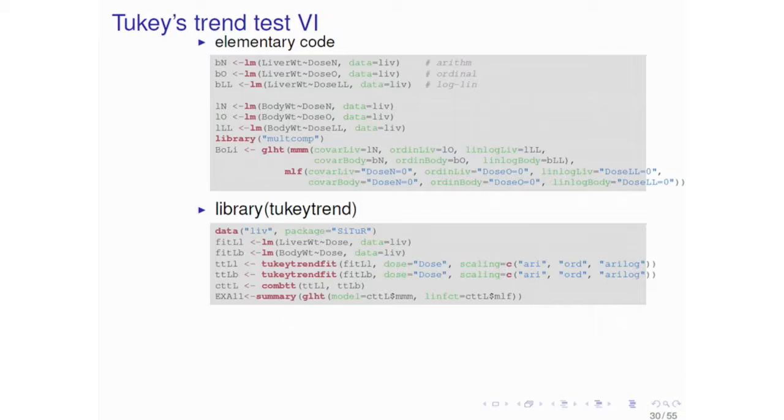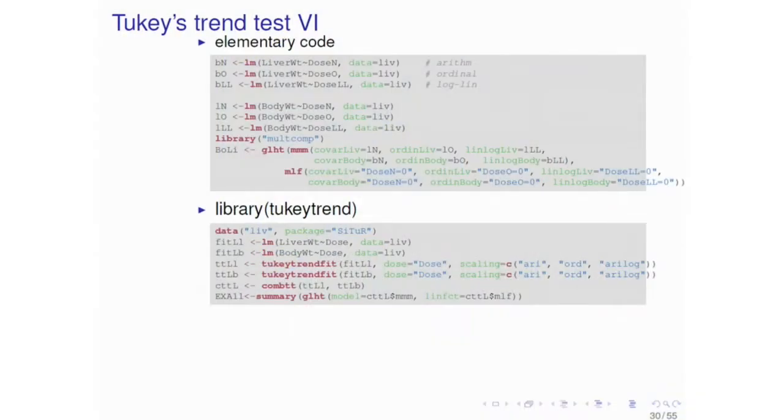And in the resulting object, if you use the summary function, you get the adjusted p-values, or with confint, the confidence intervals. In the package CK trend, it's a little bit easier, but I show you for didactical purposes so that you understand.